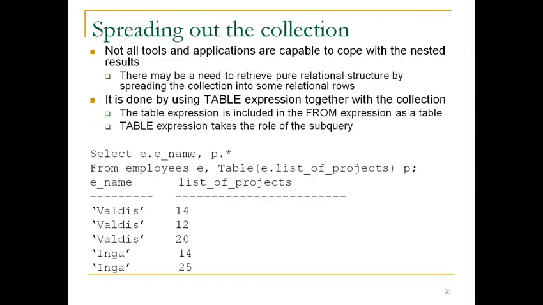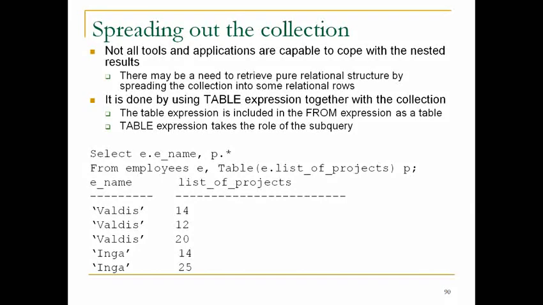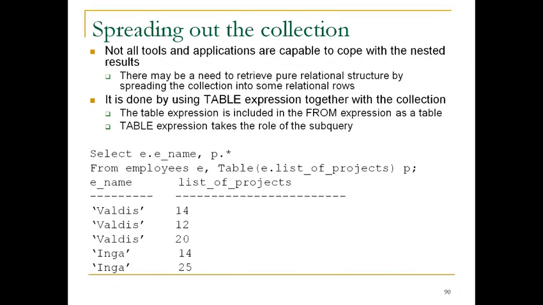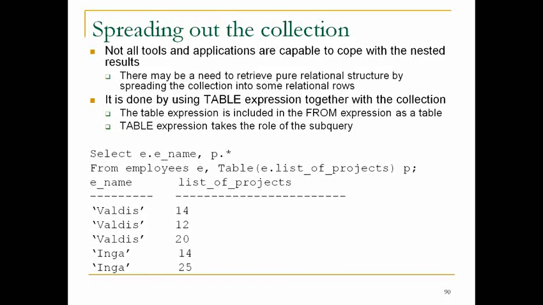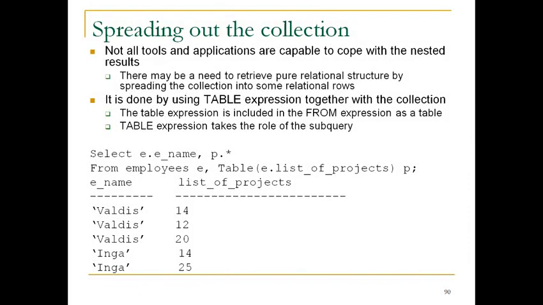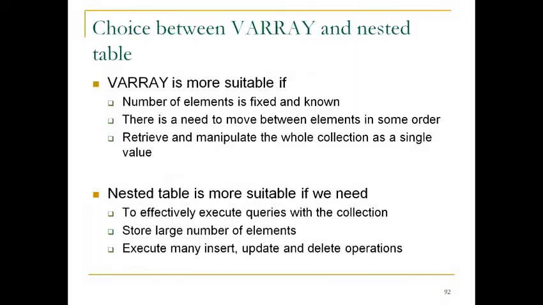That's why he has 3 rows here with corresponding projects. The idea is that despite storing your data like this, you can always transform them to a relational structure. That's what I wanted to tell you with these things.